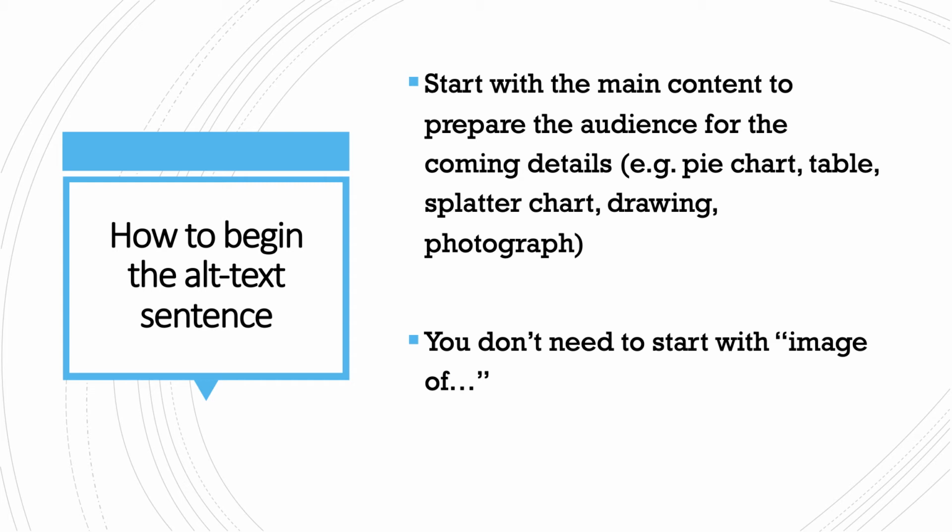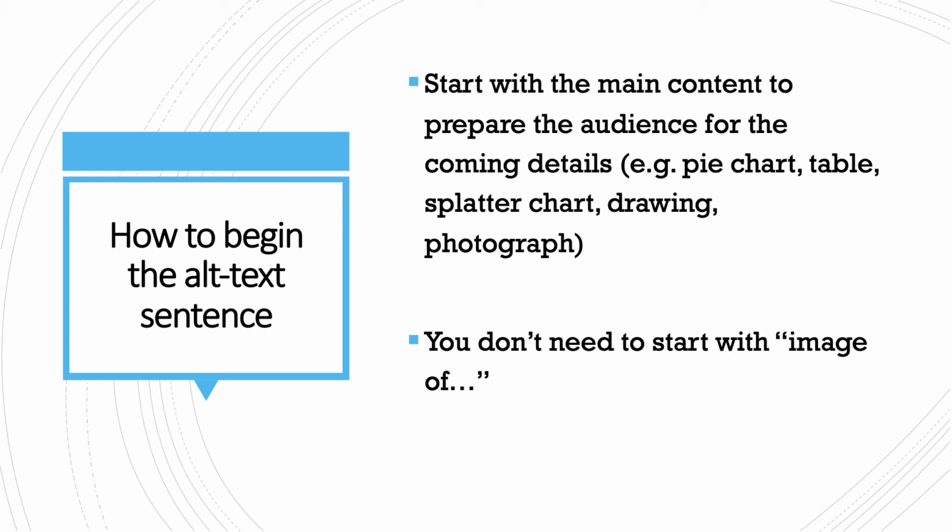For example, if it's a pie chart, if it's a table, if it's a scatter chart, if it's a drawing, if it's a photograph, we want to give them that information up front so that they understand what's being described within the sentences. What we want to not do or not start our sentences with is image of.